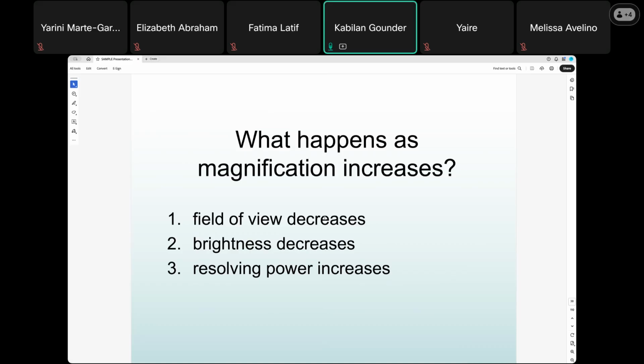At one point, you cannot get a clear image once you go beyond the resolving power, because the quality of the lens and the resolution is diminished. That's why in light microscopy the maximum magnification is 1,000 to 1,500 or 2,000 times only.